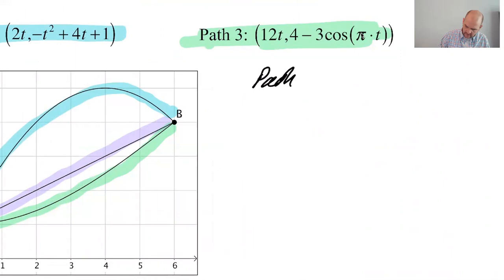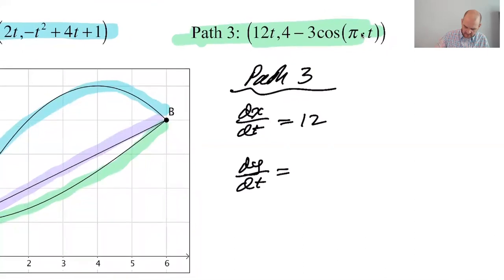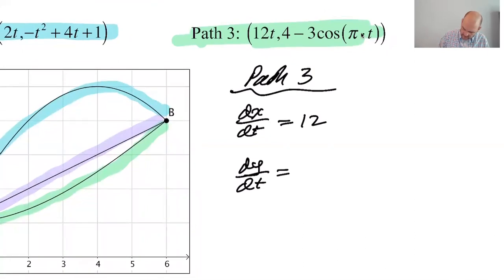Path 3. Okay, we got dx dt is going to be 12. dy dt, see what I mean? Just an excuse to do some derivatives. It's going to be 12 pi sine of pi t, because the derivative of cosine is negative sine and chain rule. And where did I get the 4? I think I just threw a 4 in there. That's not right.